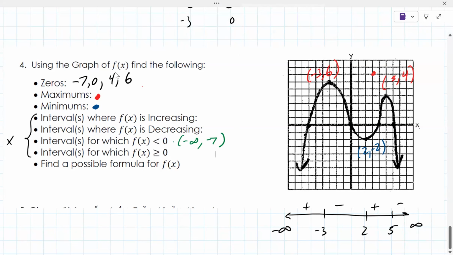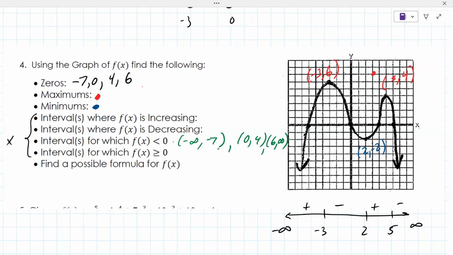And it does not include -7, very important. Then it's not including 0 to 4, and then not including 6 to infinity.